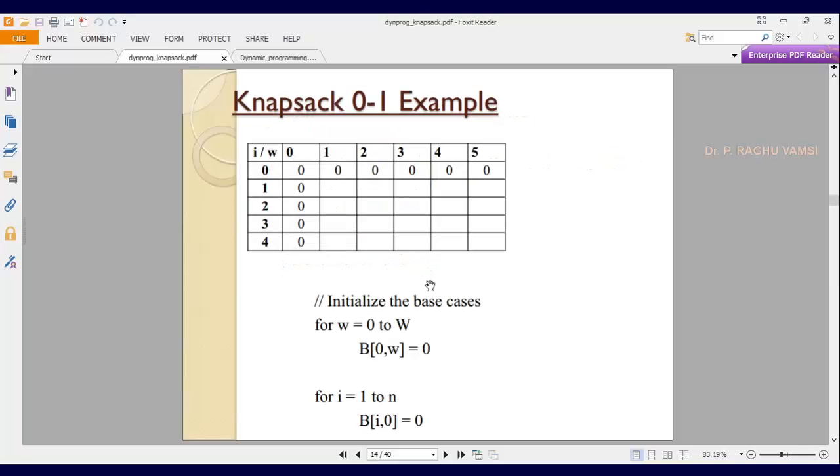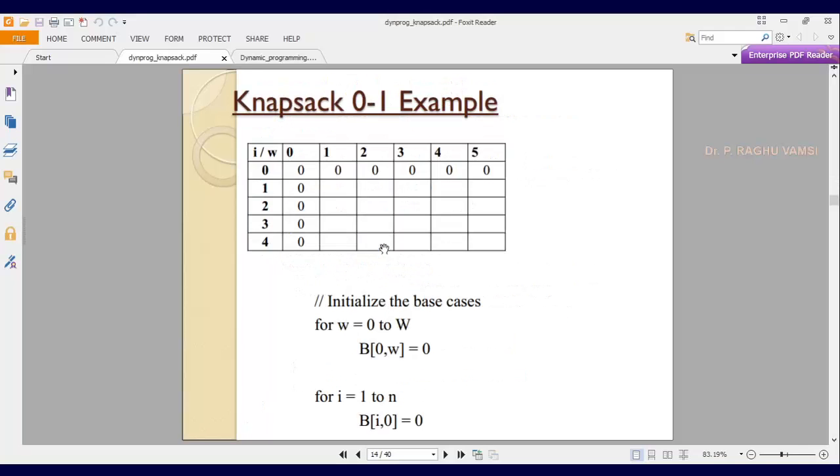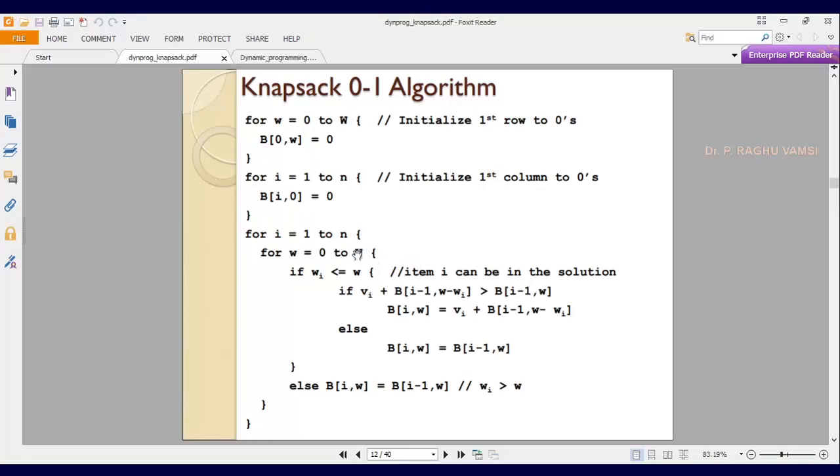Now consider this table. In this, these are the elements, and these are the weights, the maximum weight to be achieved: 0, 1, 2, 3, 4, 5. This is the formula here: for i is equal to 1 to n, and for w is equal to 0 to capital W. What is the capital W here? 5.